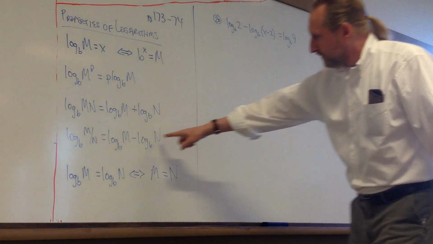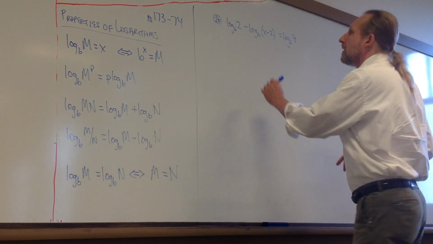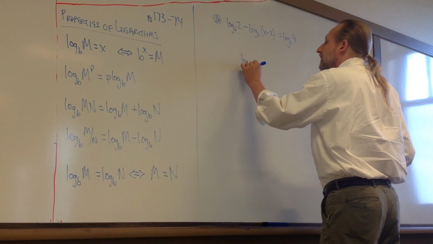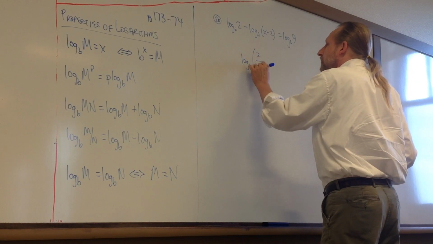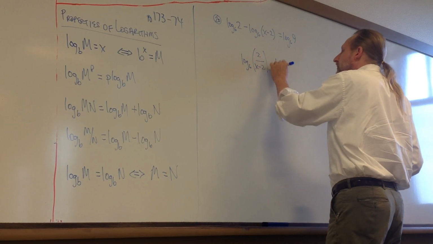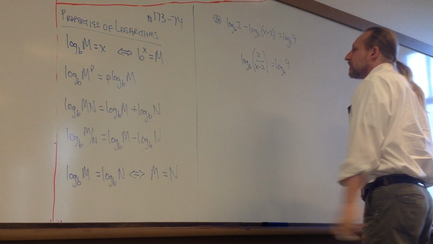Now we'll use this property right here, and we'll rewrite this as log to the base 6 of 2 over x minus 2 equals log to the base 6 of 9.